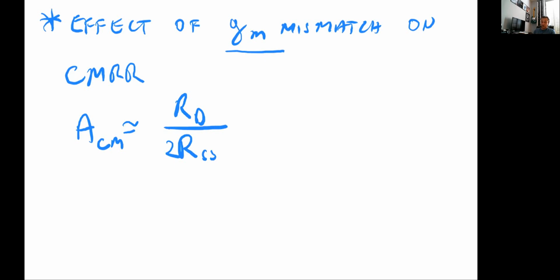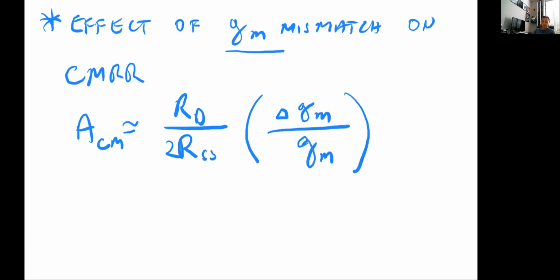So right now, we're going to keep the RD fixed, but we are going to say that there is a variation on GM. And the delta GM is essentially the difference between the two GMs of the transistors.